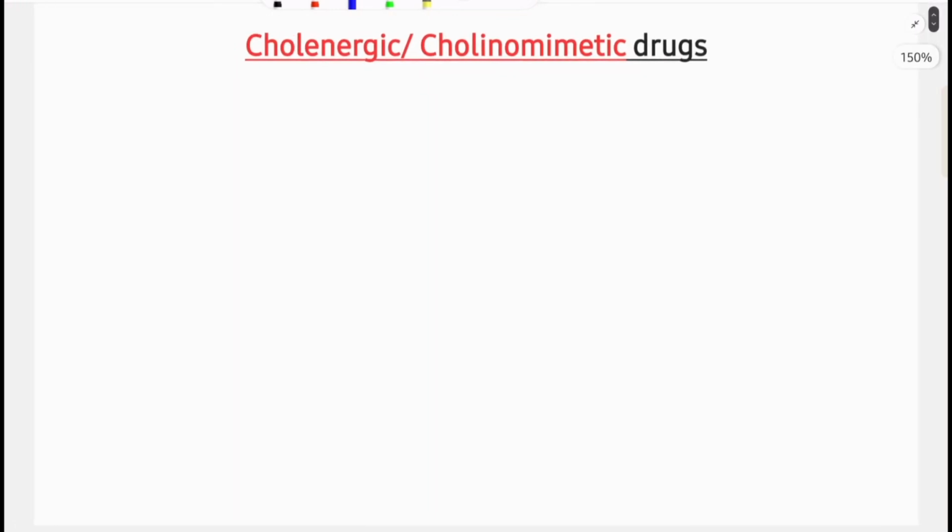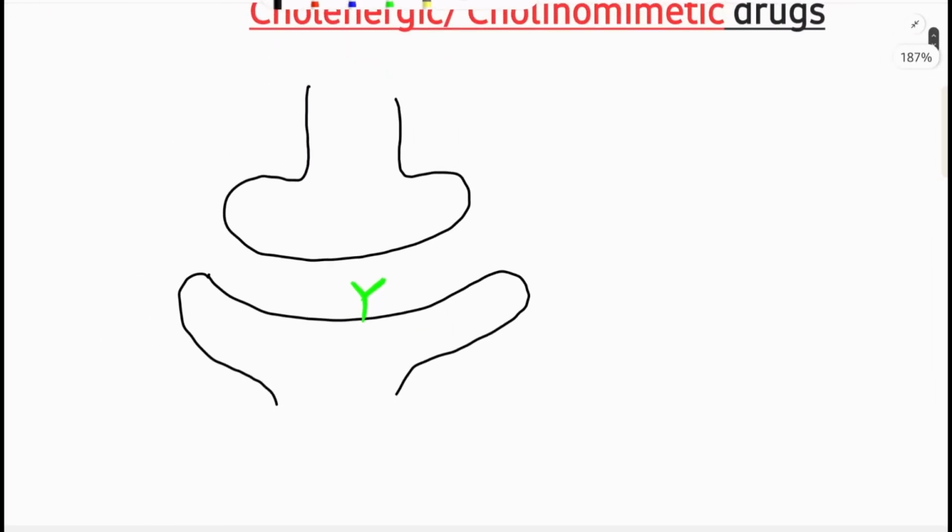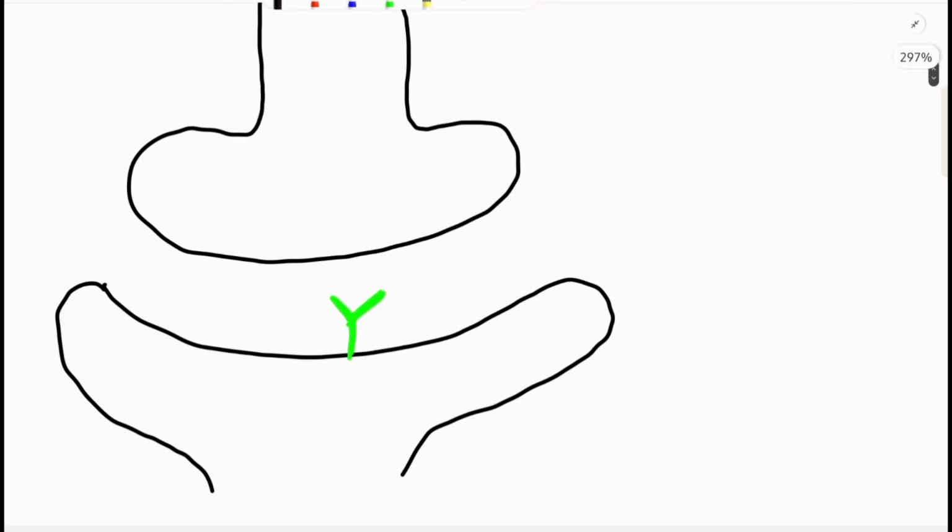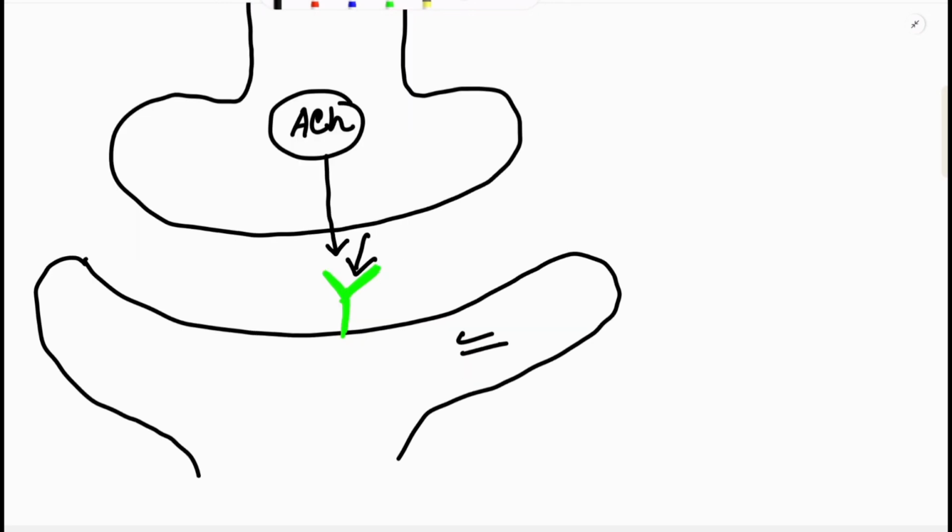So at first, a quick recap from the previous video. In the previous video, we discussed how acetylcholine is synthesized, stored and released in the synaptic cleft. After release in the synaptic cleft, it will bind with the acetylcholine receptor on the postganglionic nerve fiber, and stimulation of the acetylcholine receptor leads to stimulation of the cholinergic or parasympathetic nervous system.